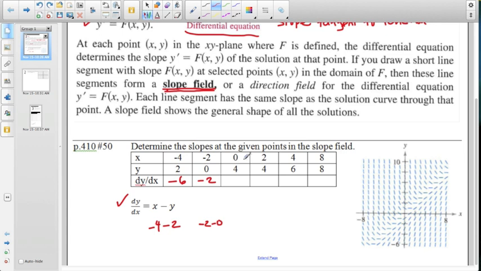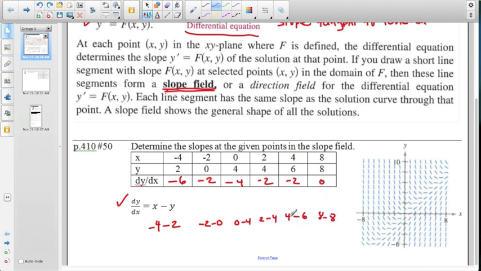At the next coordinate, (0, 4), we'd have 0 minus 4, which would be -4. The slope here would be 2 minus 4, which would be -2. The slope here would be 4 minus 6, which would be -2. And the slope here would be 8 minus 8, which would be 0.